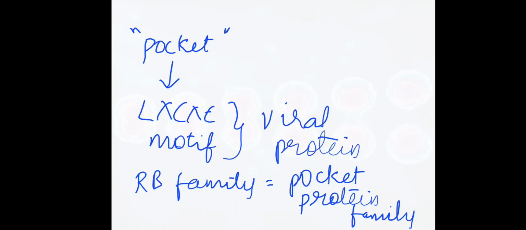So now, how does the product of the RB1 gene regulate cell division? So far we discussed what is RB protein, what are the types, what function it does, and what happens if this RB gene and RB protein is absent. What is the factor which relates to cell division here?